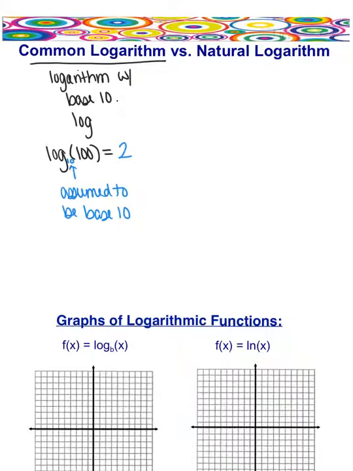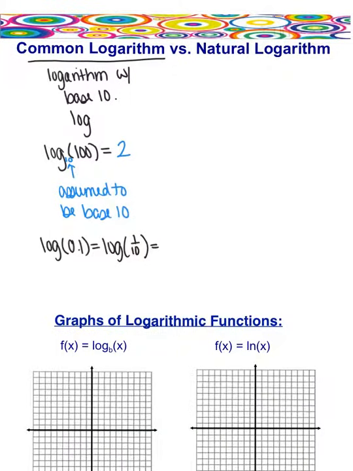You could do another example for me, and you can put log of 0.1 or log of 1/10, and you'll see it returns a -1. And that's because 10 raised to the -1 equals 1/10. So that's a common logarithm, and it's programmed into your calculator because it is so common.